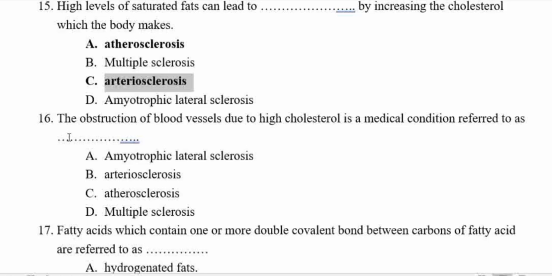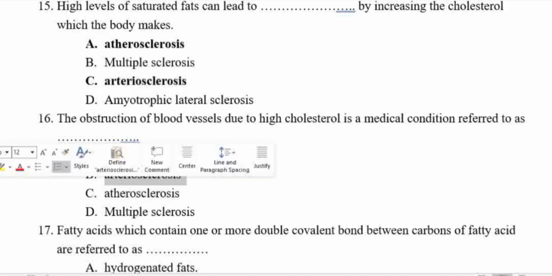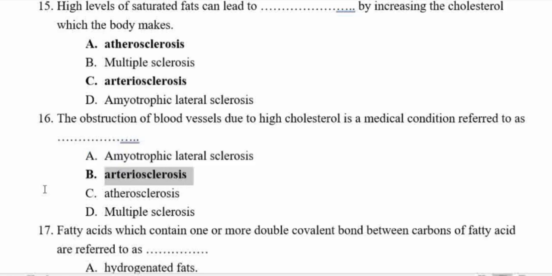Question number 16: the obstruction of blood vessels due to high cholesterol is a medical condition referred to as what? From here, we can say that our best options should be B and C, athero and arteriosclerosis.